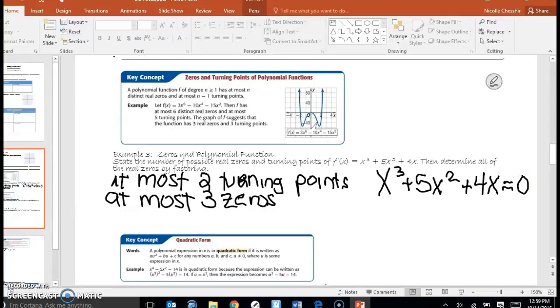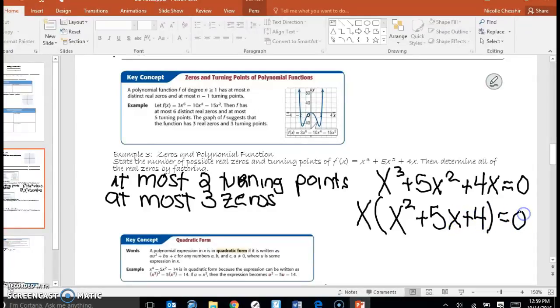So looking at that first, do we have any greatest common factors that we can remove? We can remove an x because each term has an x. So removing an x, then we have x squared plus 5x plus 4 equals 0.